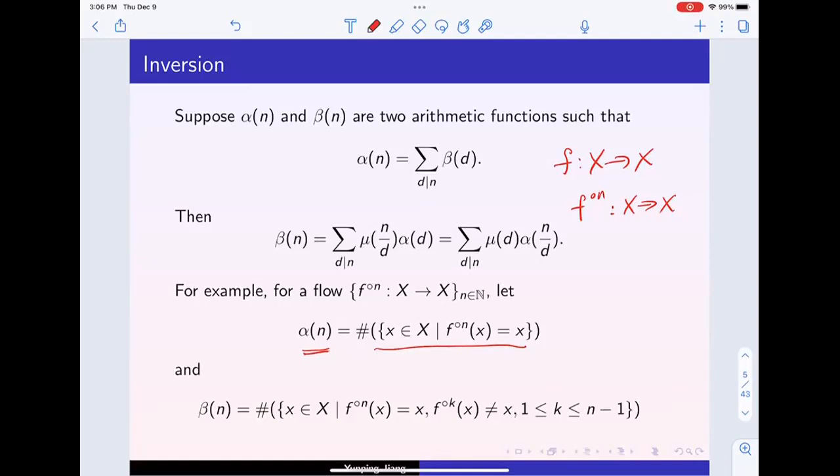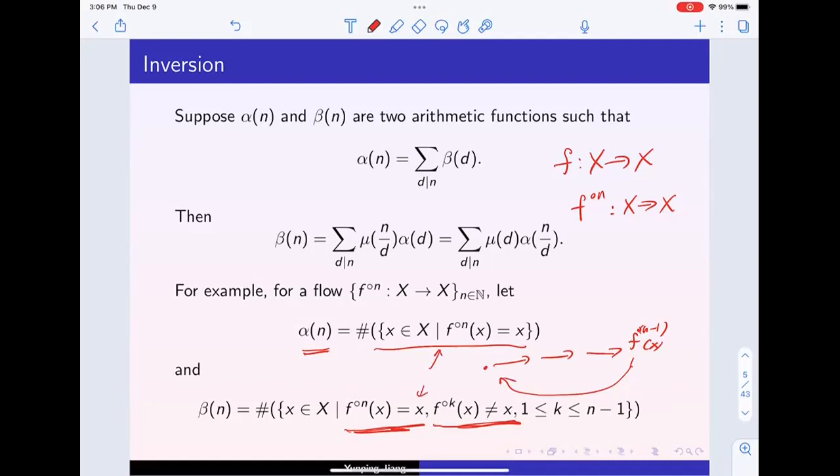But a periodic point of period n means it returns after n steps, but meanwhile does not repeat earlier. You see that, just like here, f to the n minus 1 of x. If x is a periodic point of period d, where d is a factor of n, then it is also counted here, but not counted here.